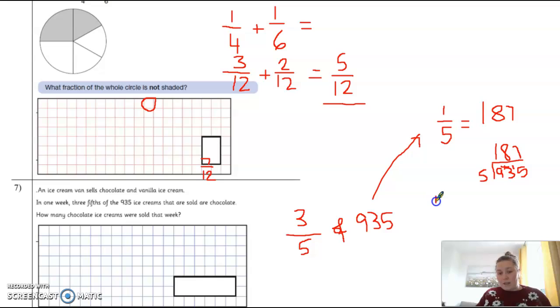Okay, I want 3/5. So I take my 1/5 and I multiply it by 3. 187 by 3. 7 times 3, 21.